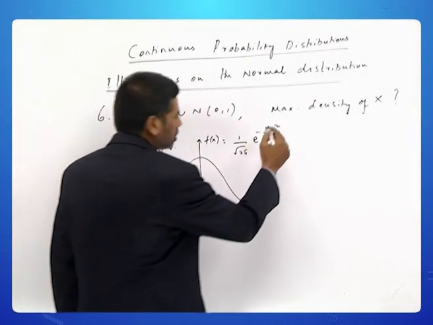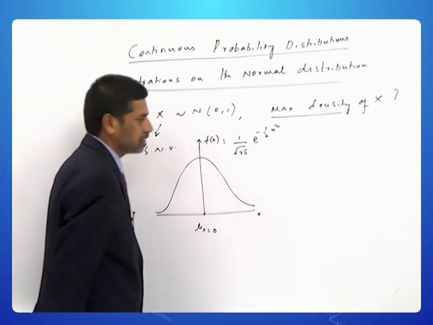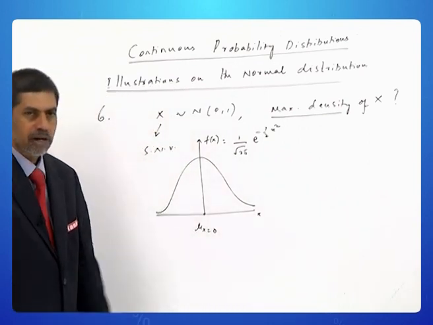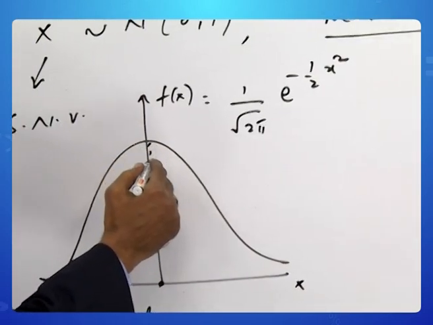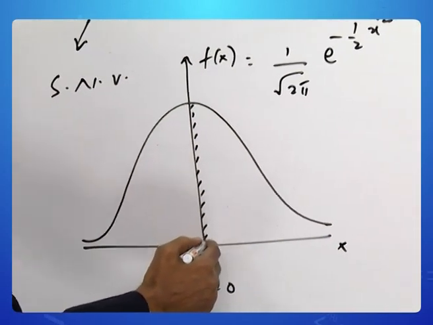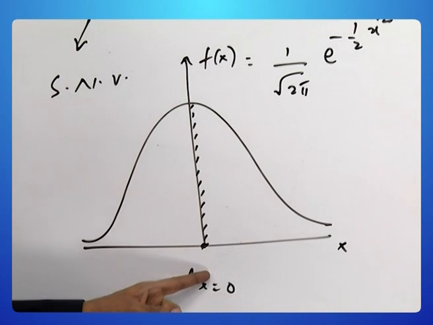The question is, where do you get the maximum density? That is, where do you get the maximum probability? You can clearly see the maximum probability is this, and it occurs when x is equal to 0.